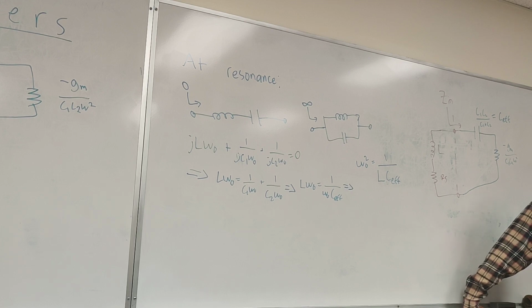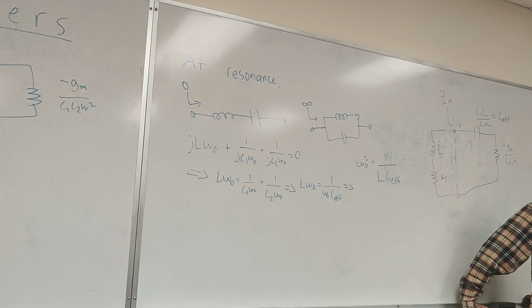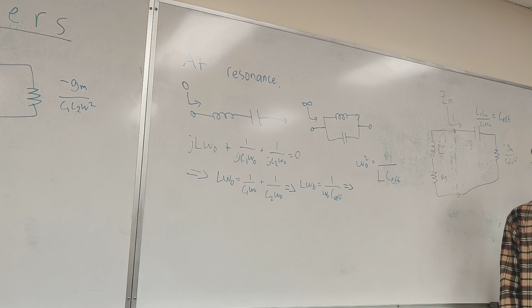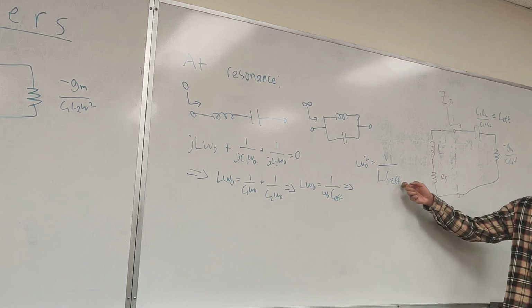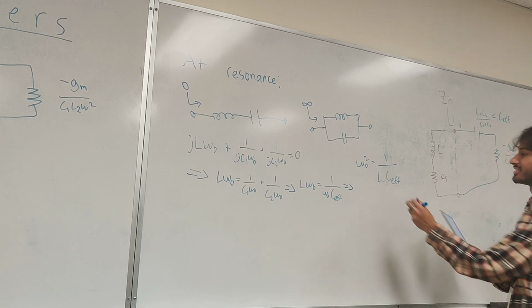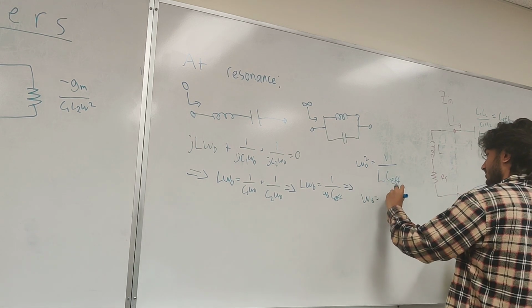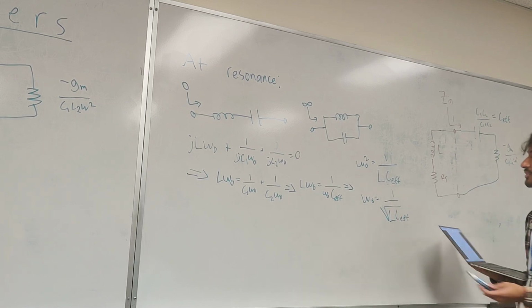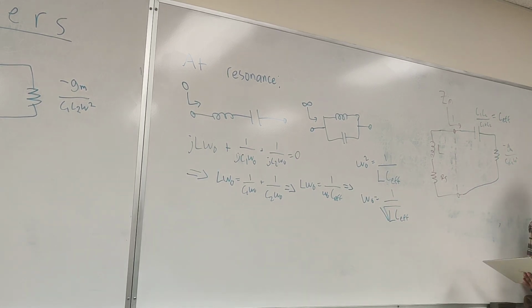Time constant? No. It's just the resonant frequency of an LC circuit. We just have C effective, but that's just the name, right? We do the square root here. So it's the same thing we've already seen before with a normal LC circuit.